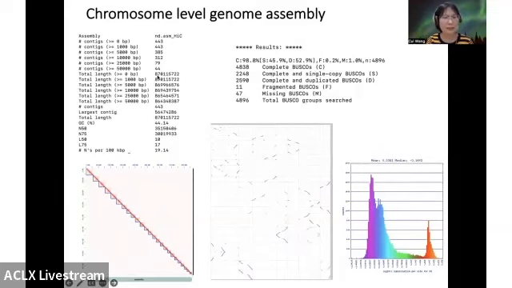And the assembly yielded 870 megabase pairs. The BUSCO score is 98.8%, so very complete.